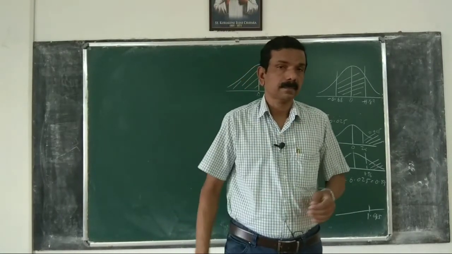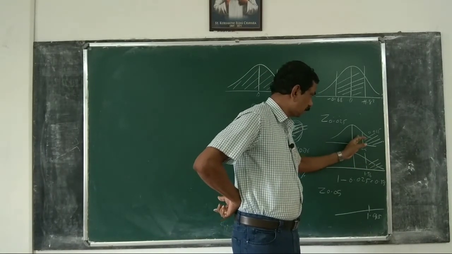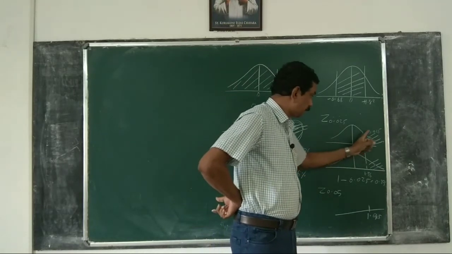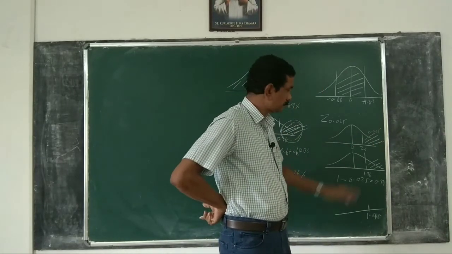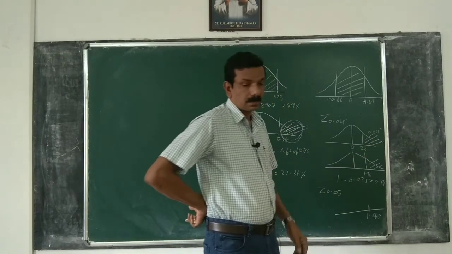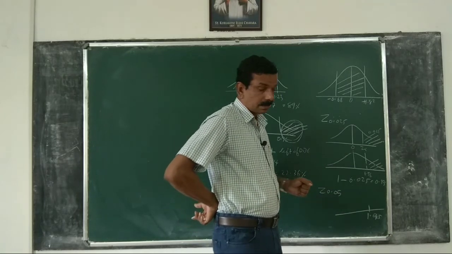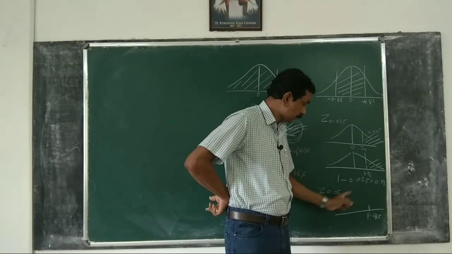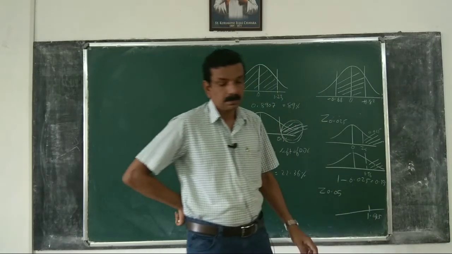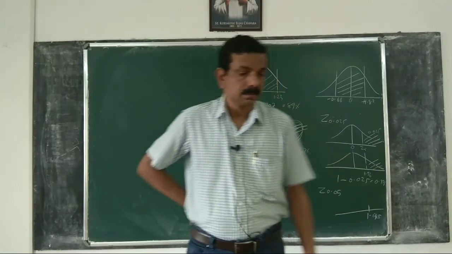So Z alpha notation is used to denote the Z score that has an area of alpha to the right. What is the Z score corresponding to an area 0.025? That is 1.96. What is the Z score that has an area of, say, 0.05 to the right? 1.645, like this.